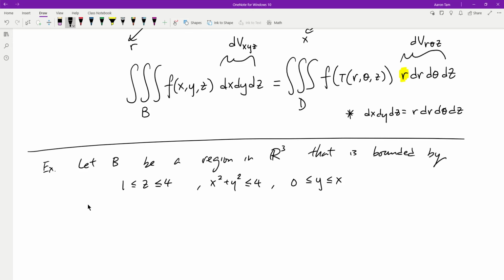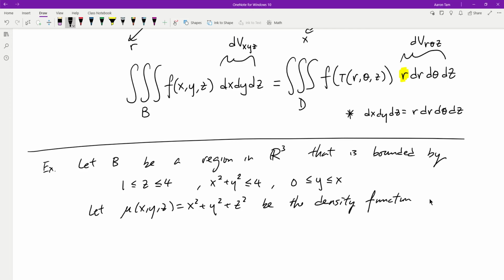And let's say we have mu of xyz equal to x squared plus y squared plus z squared be the density function for region B. We want to find the mass of B.